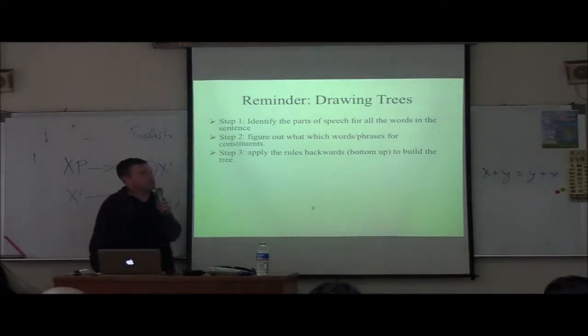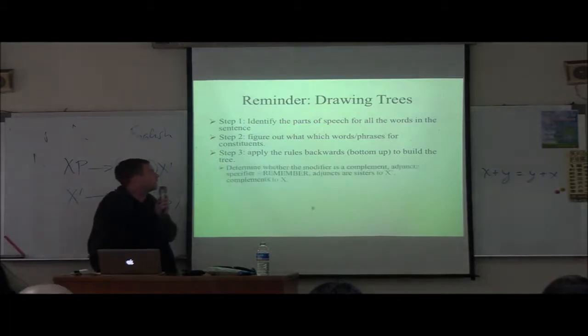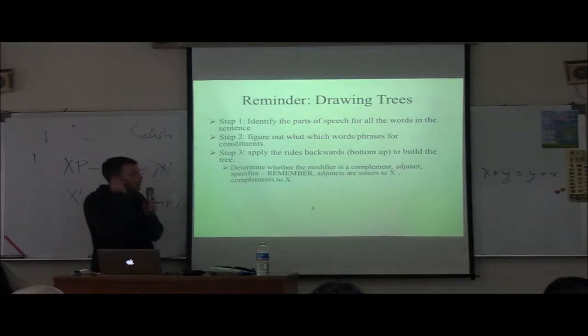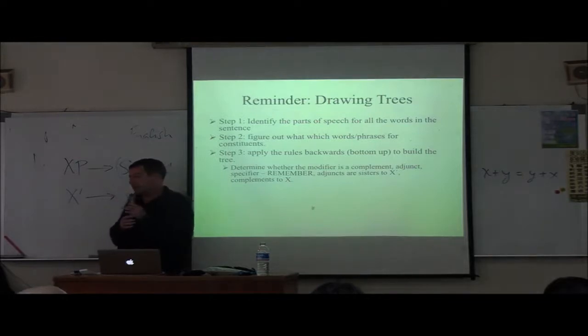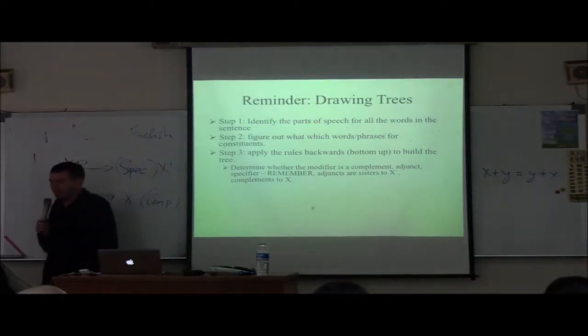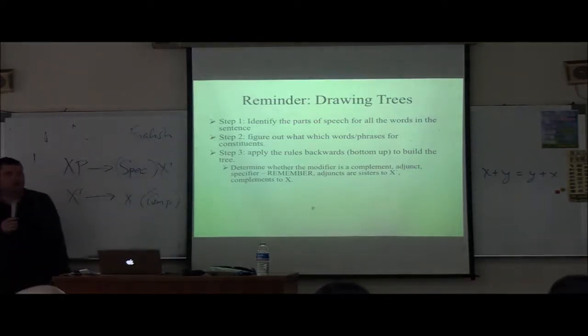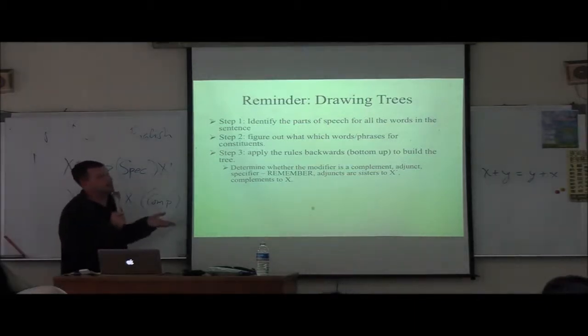A P is the daughter of a P bar. A V is the daughter of a V bar, and so on. And when you have to attach modifiers or add modifiers to the tree, you have to think, especially about, is this phrase an adjunct or a complement? It makes a big difference.